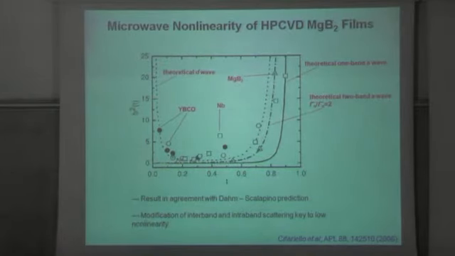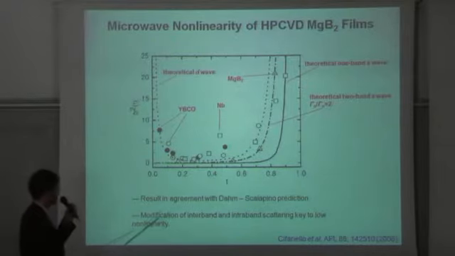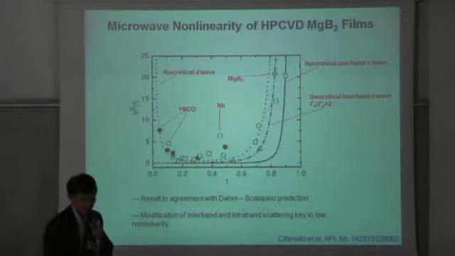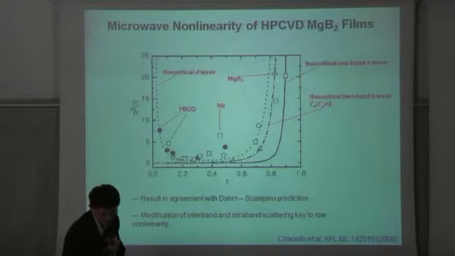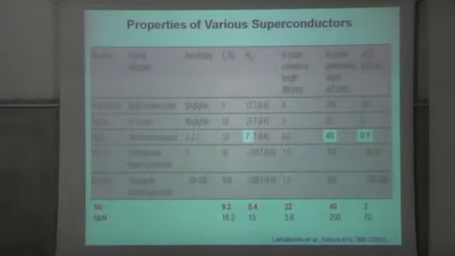This is just one data point, but we can see that by modification of the interband and intraband scattering, we can have some handle on the nonlinearity of magnesium diboride. These are the reasons why we think magnesium diboride is interesting.